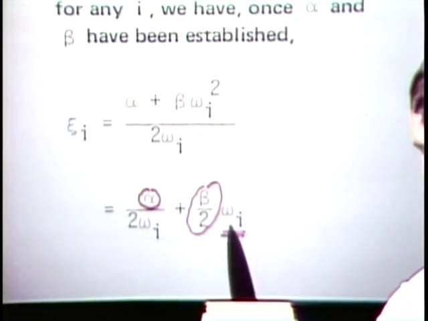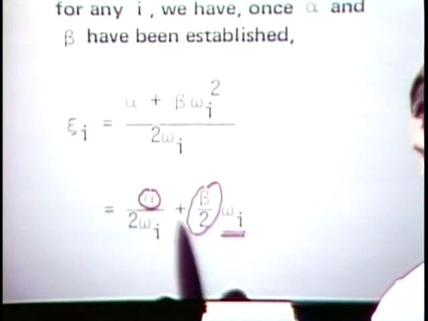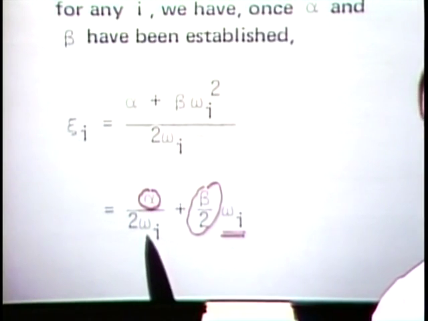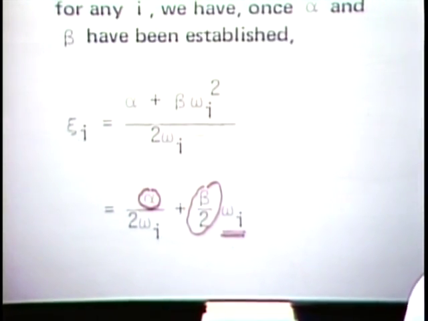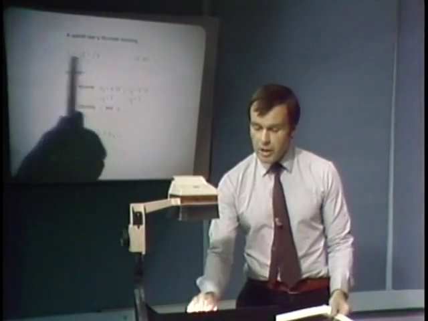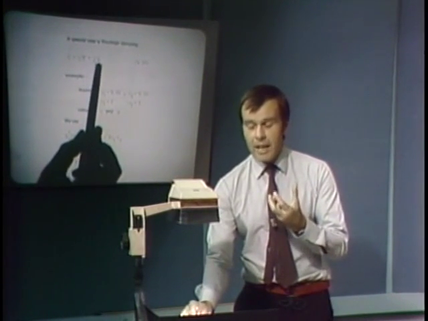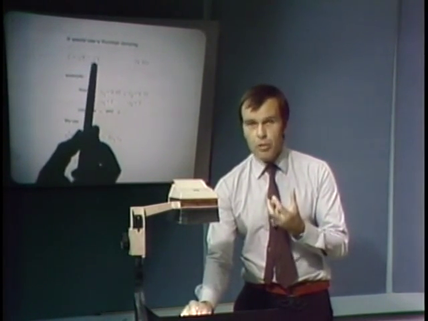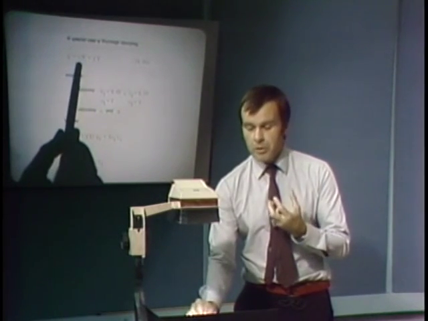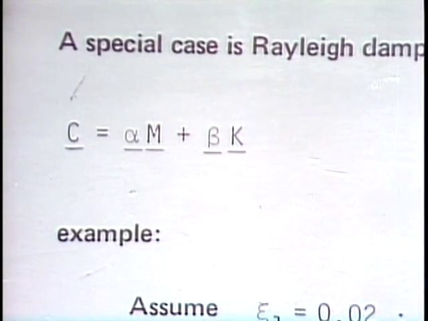For high frequencies, therefore, the beta value is the dominant factor, and for low frequencies, the alpha value is the dominant factor. In other words, once again, looking at this equation here, in the high frequency response, the beta k really will determine the damping, and in the low frequency response it is really the alpha value that determines the damping.